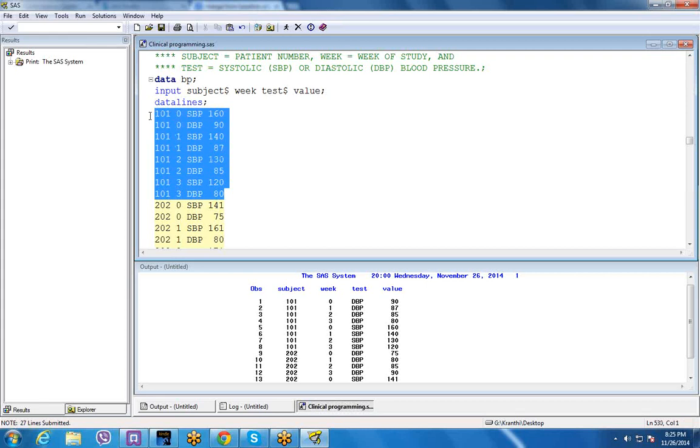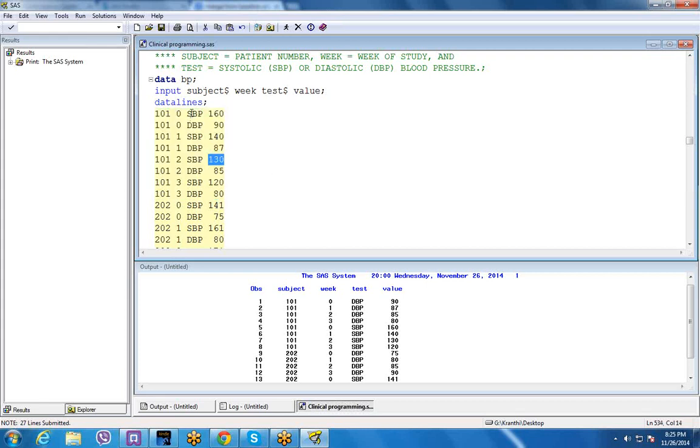So for patient 101, if you take only the systolic blood pressure, first week 20, second week 30, and the third week 40. So this is the change. Okay, so first we are sorting based on the test, because we cannot make the calculations like this. So based on the test we are sorting.